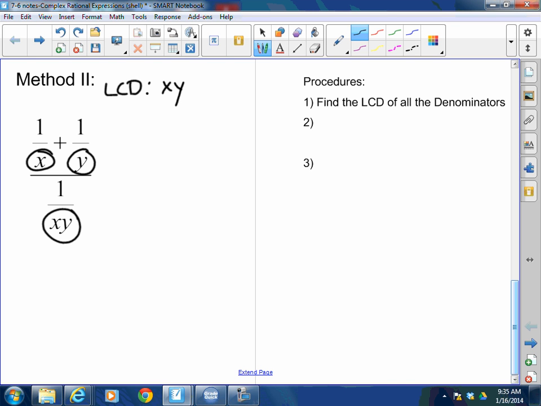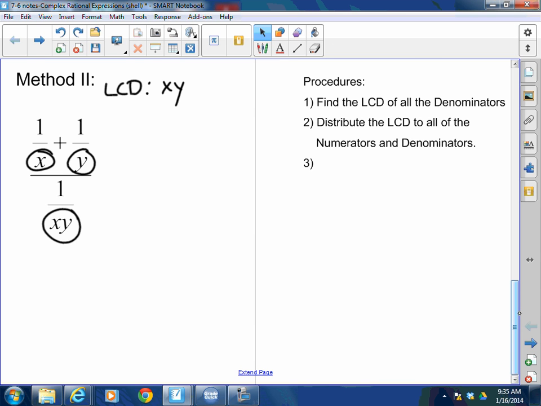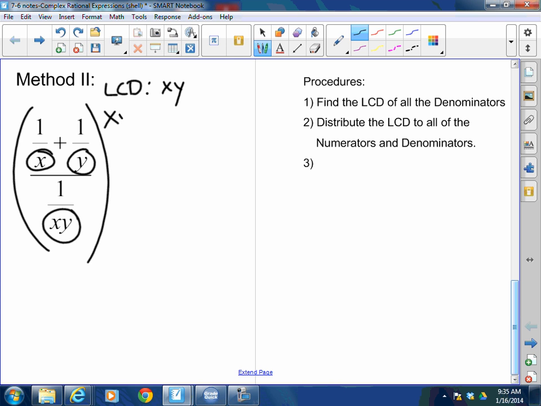Step 2, distribute or multiply the LCD to all of the numerators and denominators. So I'm going to multiply xy to everything.